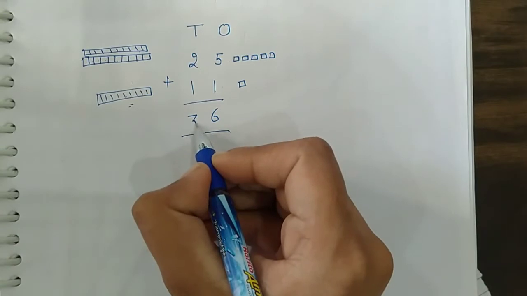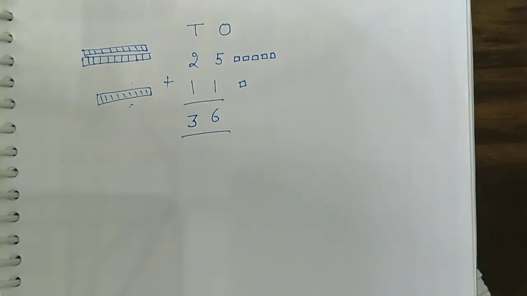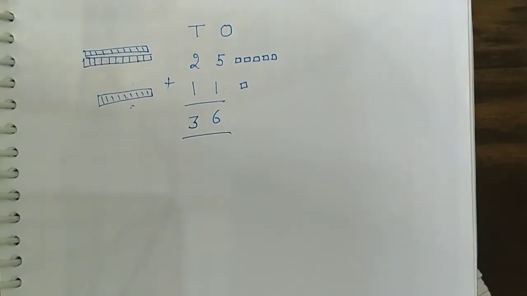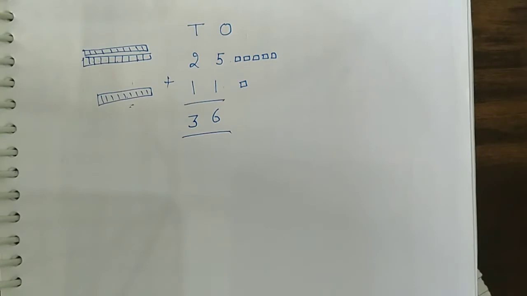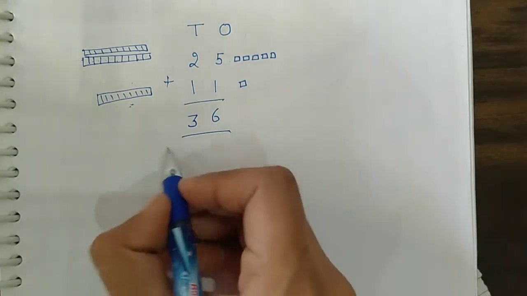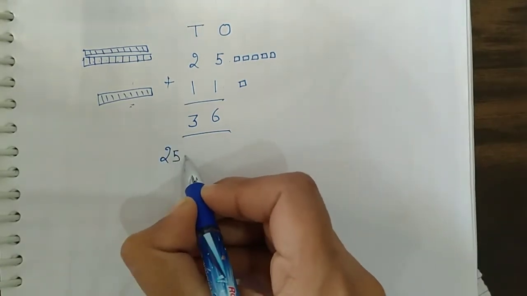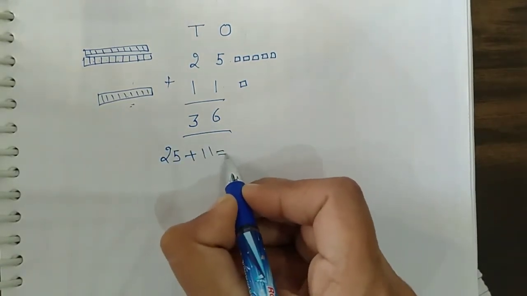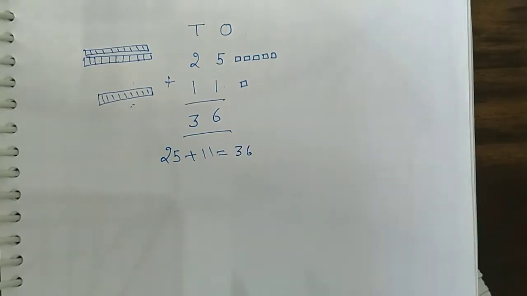So I write here 3. Okay. So students, this is the addition of two digit numbers. So we can say that 25 plus 11 is equal to 36.